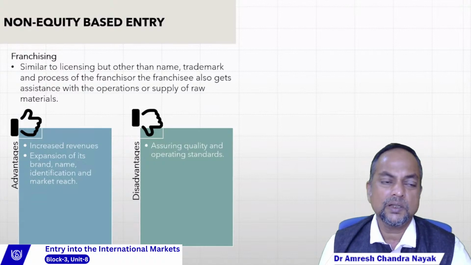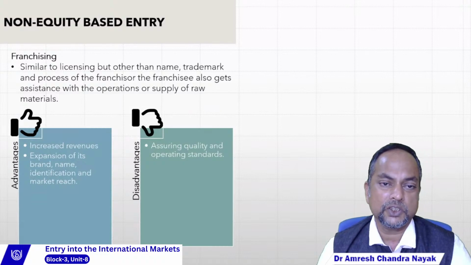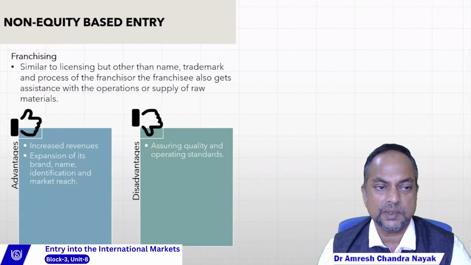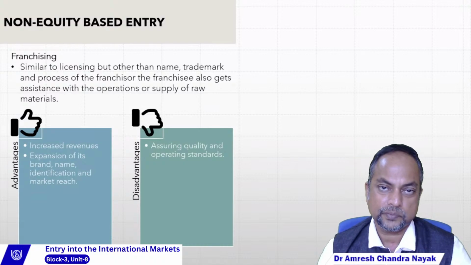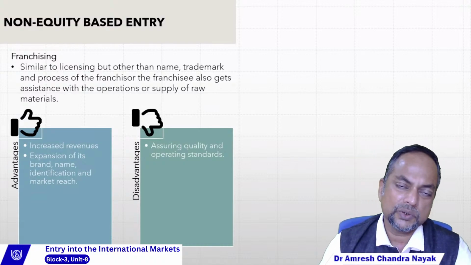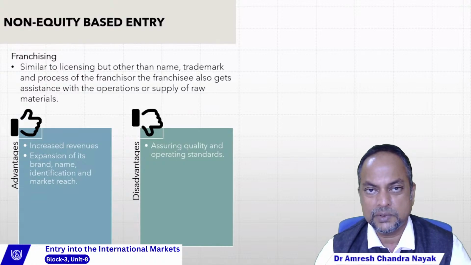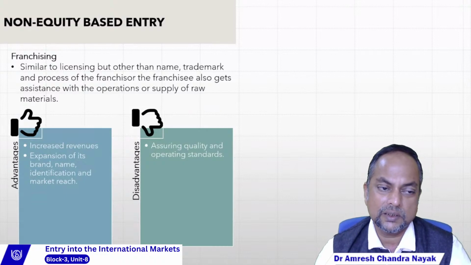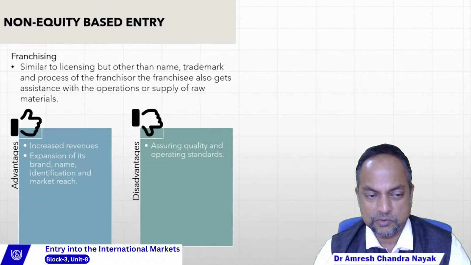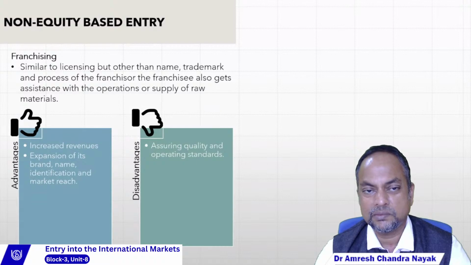Beyond that, the basic operations and supply of raw materials, those things can be provided to the host country also. Complete supply. The host country's role is only to manufacture or process the entire thing. So franchising also increases revenue, expansion of brand name, brand identification, market reach.